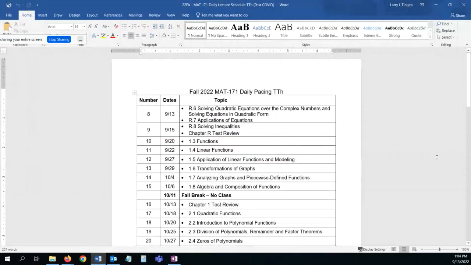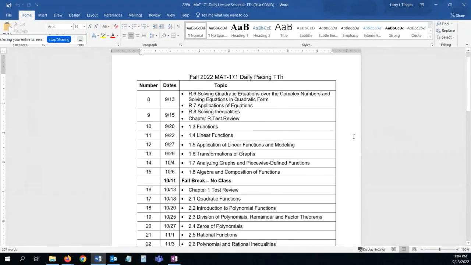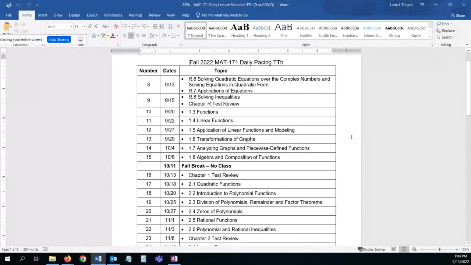This was the calendar up to this point. I was hoping this week we could just knock out R6, R7, finish R8, and then probably have still some time on the 20th for that. But I'll share this once I see how in the world lecturing is going to go, because I'm interested myself.